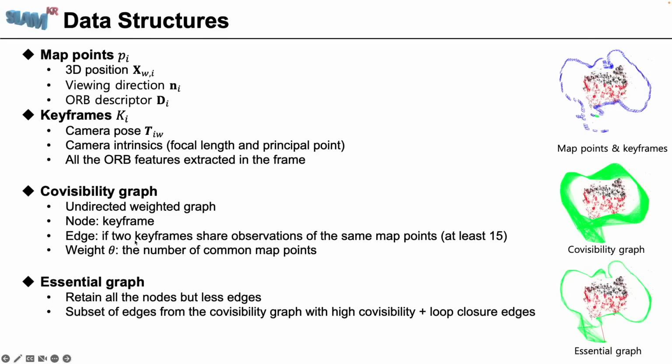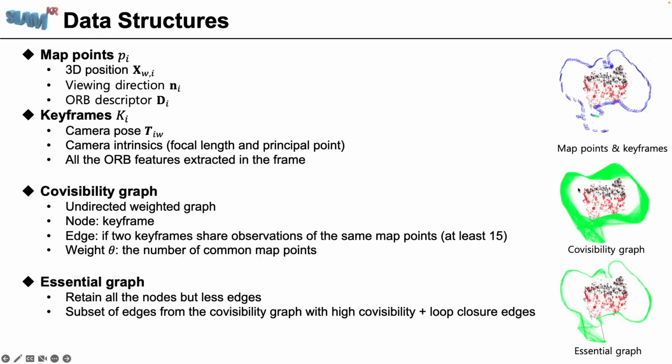If two keyframes share observations of the same map points, those two keyframes are connected to each other, and they have their own weight value. The weight means the number of common map points between them.